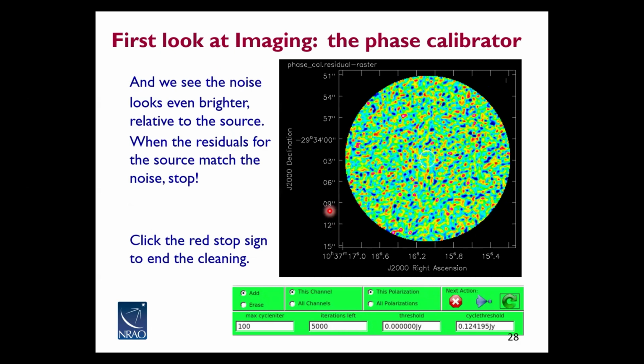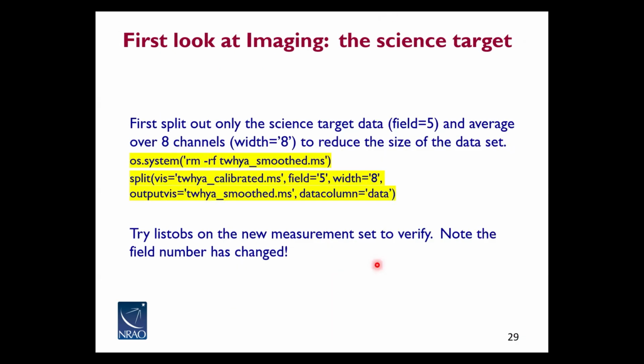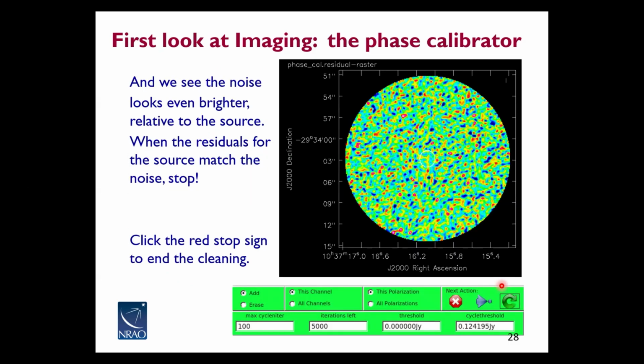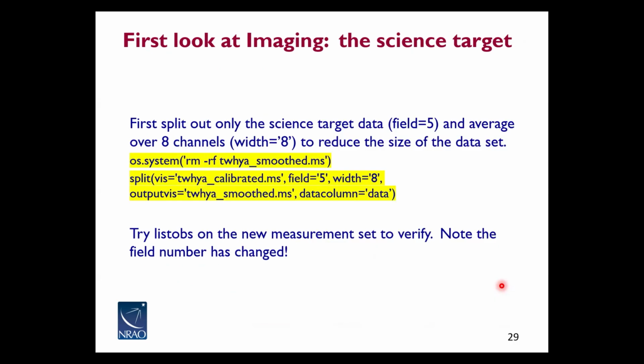Okay. So that was the phase calibrator we are looking at. Really we should do cleaning on the science target. So now we are going to split out the science target data, which is field number 5.